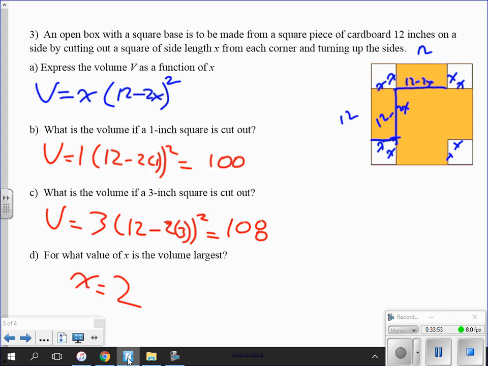Okay, so you have to pay attention to stuff like that. You got to start being smart. If it pops up -3, I can't cut -3 out of my corners. If it pops up as 11, I can't take 11 out of the corner, because if I cut out 11 this way, I want to have 11 to cut on the other corner, and there'll only be an inch left. It doesn't work.